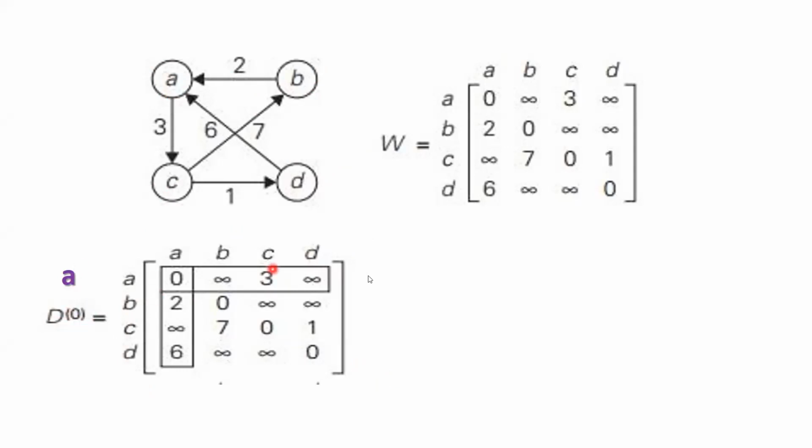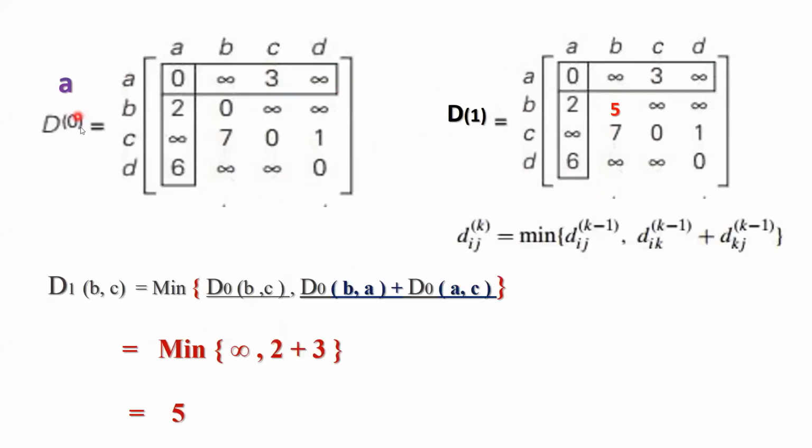We shall proceed to the next, that is D1. We will not check the existence of a path here. We will be checking the minimum path here. So the function is minimum. Consider row A and column A are freezed. If there is a minimum path from A to B, we cannot consider it.